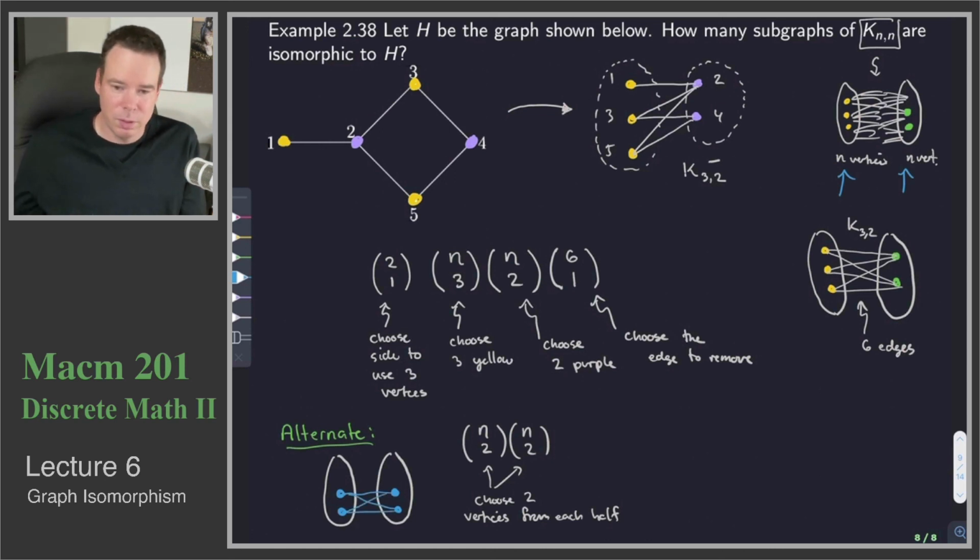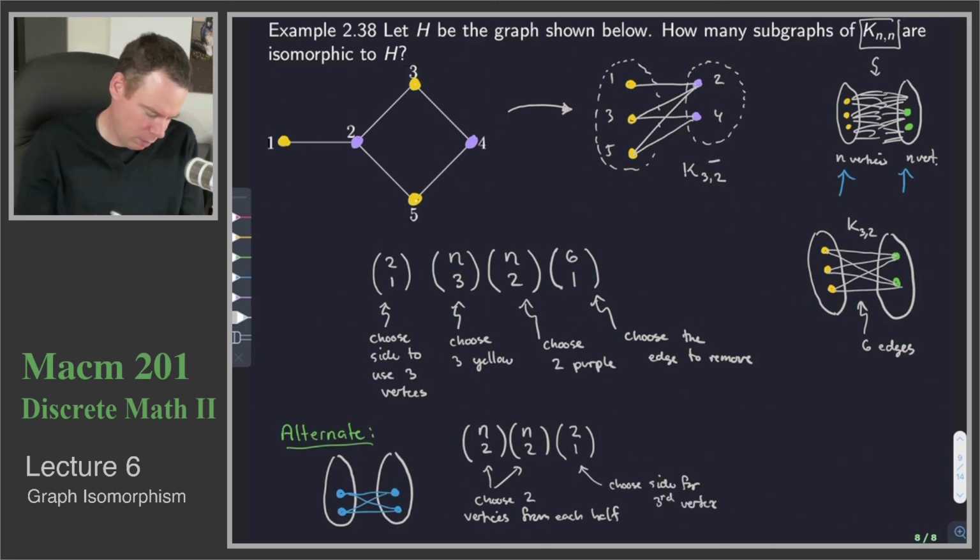Then what do we want to do? Well, then we want to pick one of the sides. So of the 2 sides, we're going to pick one of them. And that's where we're going to choose a 3rd vertex from that side. So choose a side for the 3rd vertex. So maybe in our example here, I choose the first side.